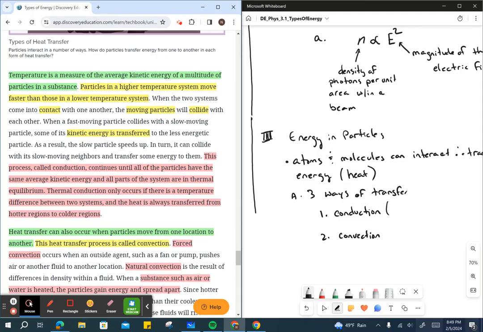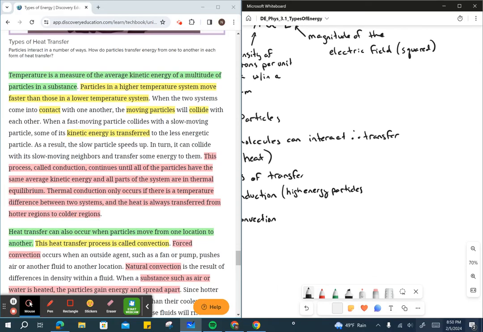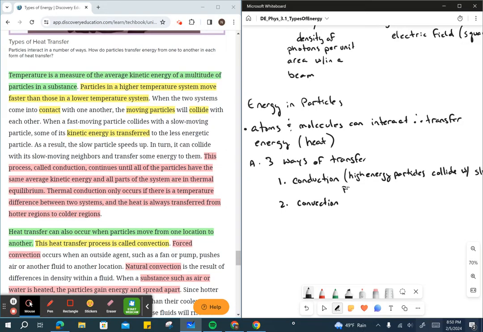Okay, so high energy particles collide with other particles, with each other, with cooler particles, and with slower moving particles.